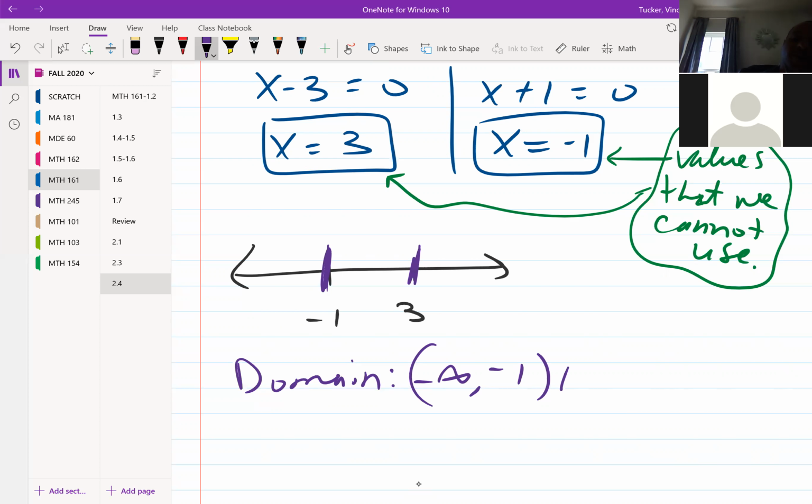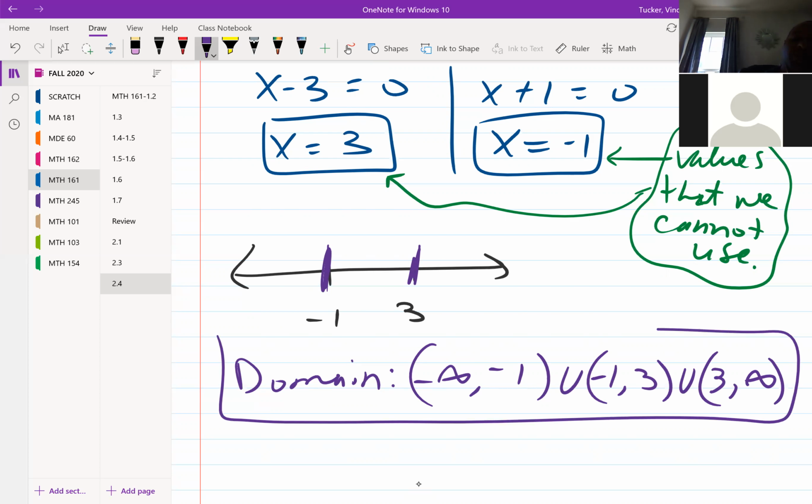Then we have negative 1 to 3, and then 3 to infinity. So those are the values we can use. We cannot use the negative 1 and 3. So don't forget to make sure that you use parentheses, which signifies that we cannot use those values versus using brackets. So if you use the bracket, that means you can use it. The parentheses mean that you cannot use those numbers.